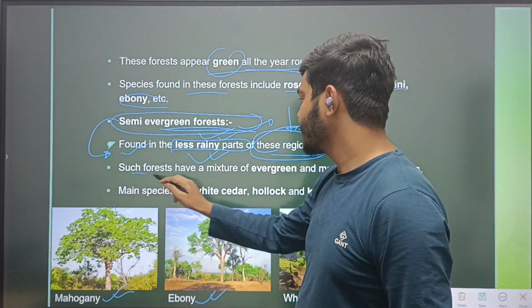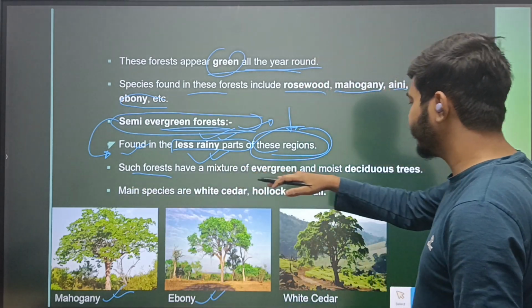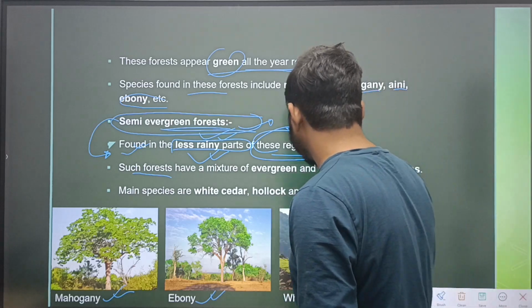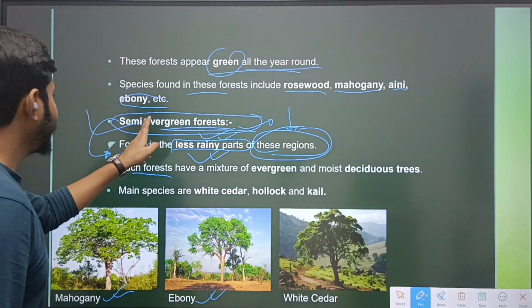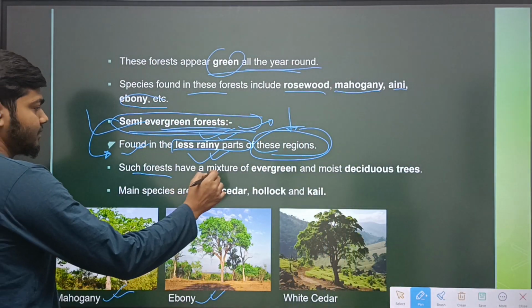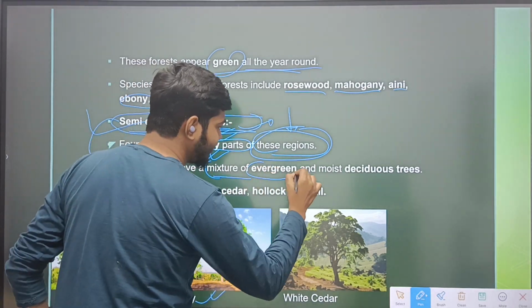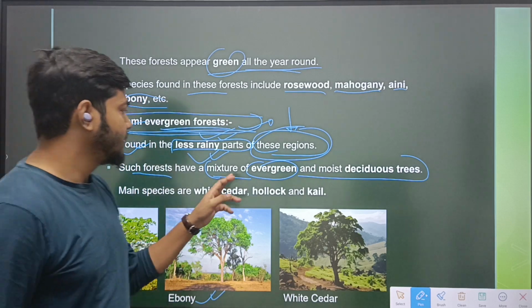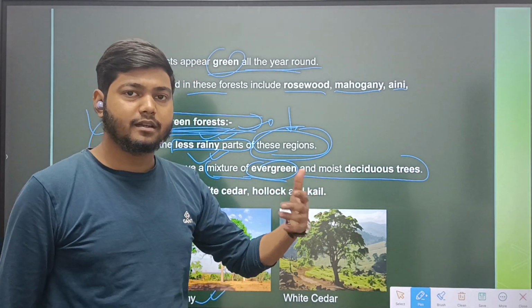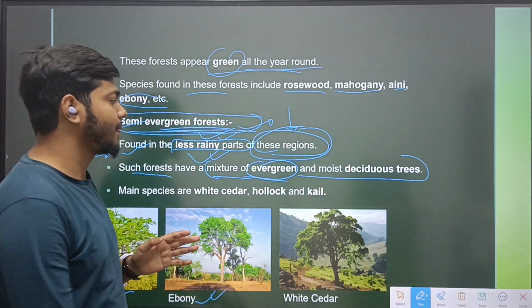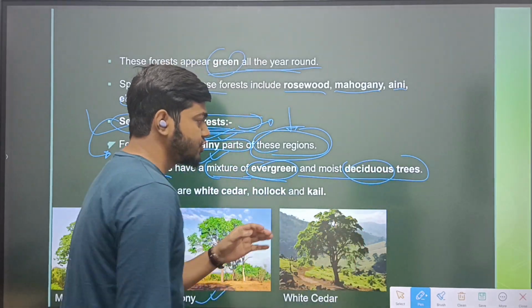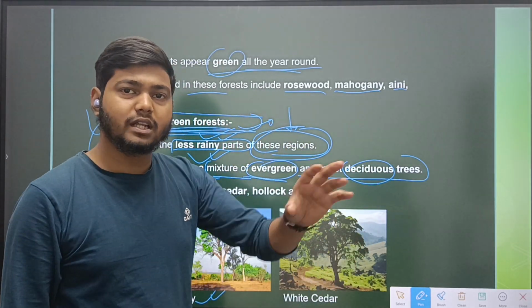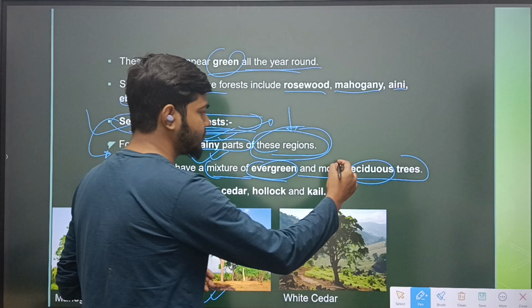Such forests have a mixture of evergreen and moist deciduous trees. Evergreen, I have told you, means they appear green throughout the year, and deciduous means they shed their leaves at a particular time of the year.